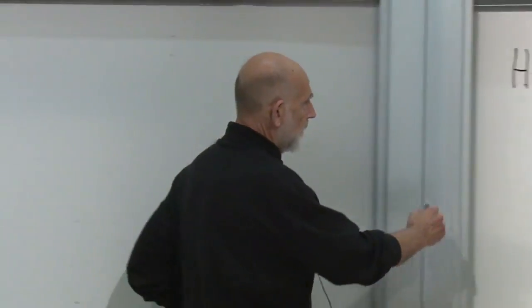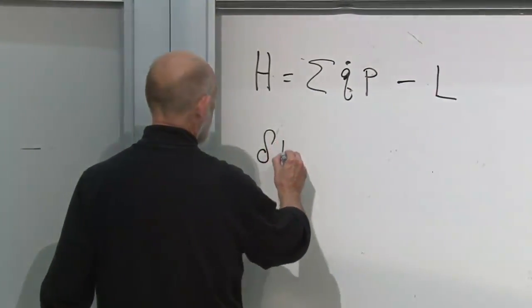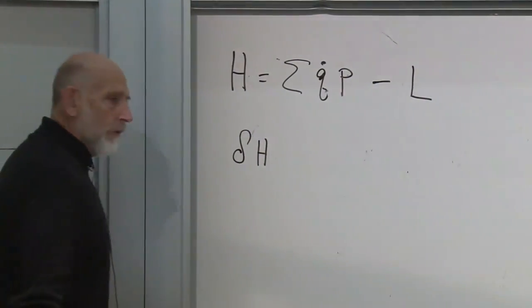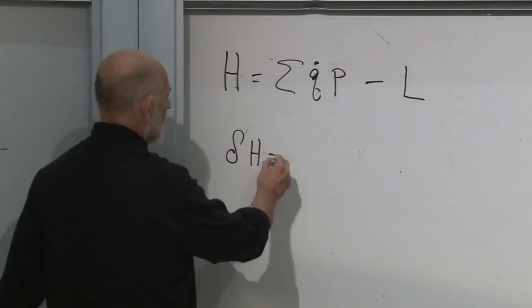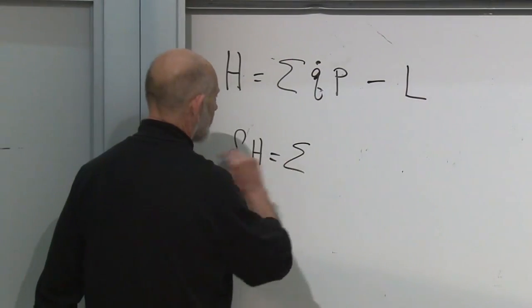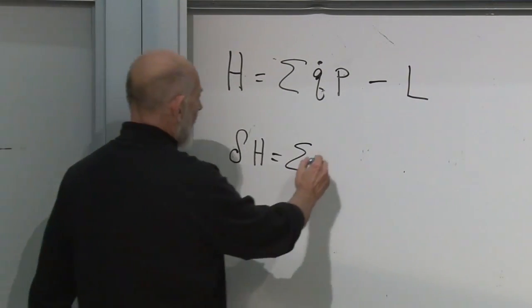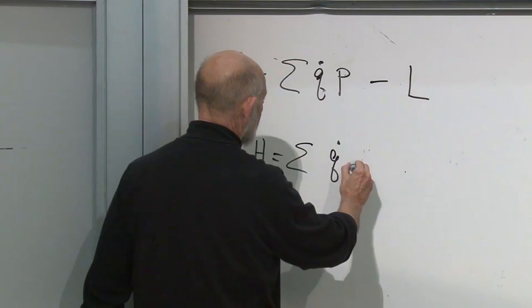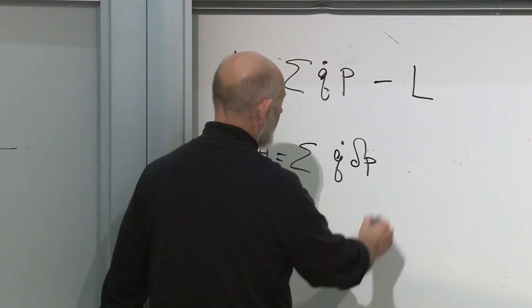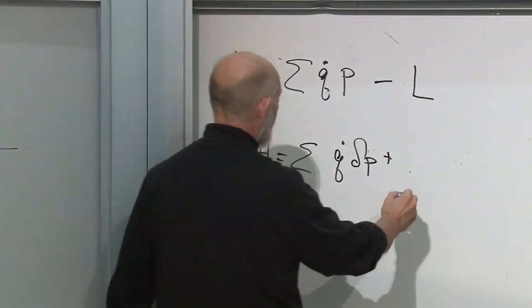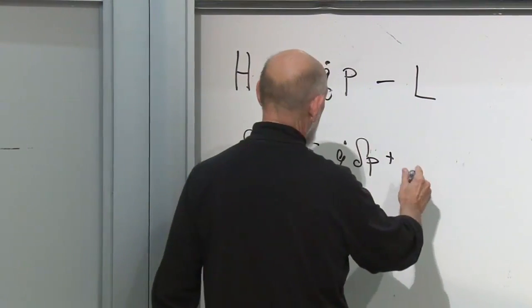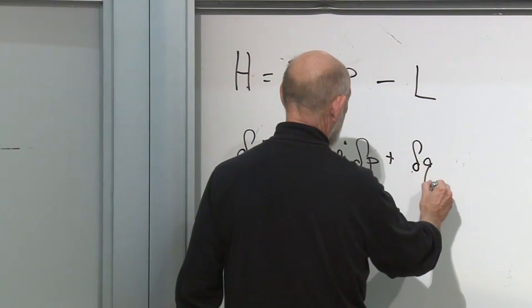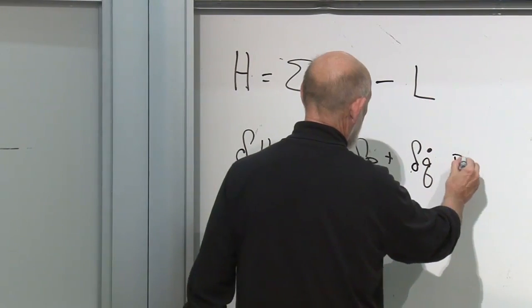Let's write it over here. Change in H. Well, first of all, there's a sum. There will be a q dot times delta p. There will be a change in q dot times p.